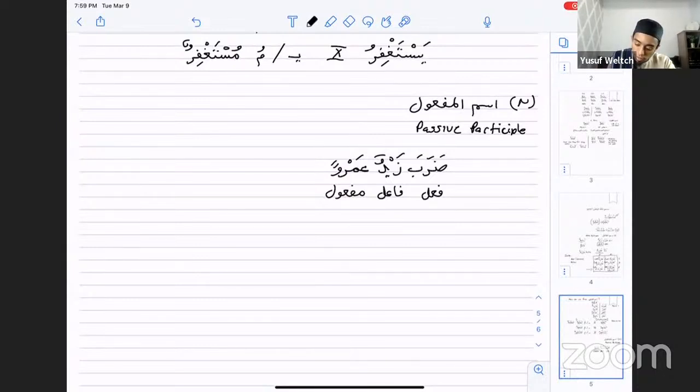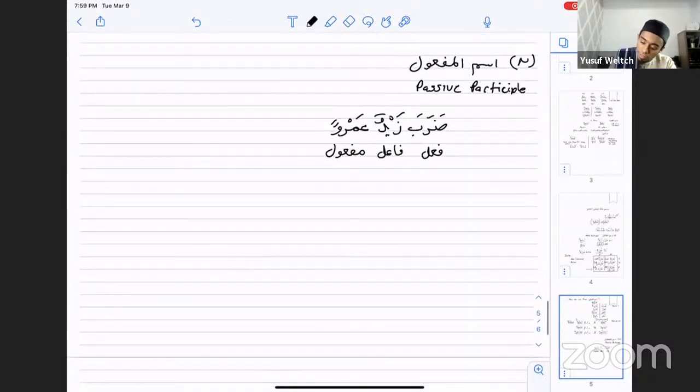Now, similar to the object, the ismul maf'ul is a noun that entails a doer and an action with no tense, but the meaning implied is a passive meaning. So if I said Amrun madrubun, how would you translate that?